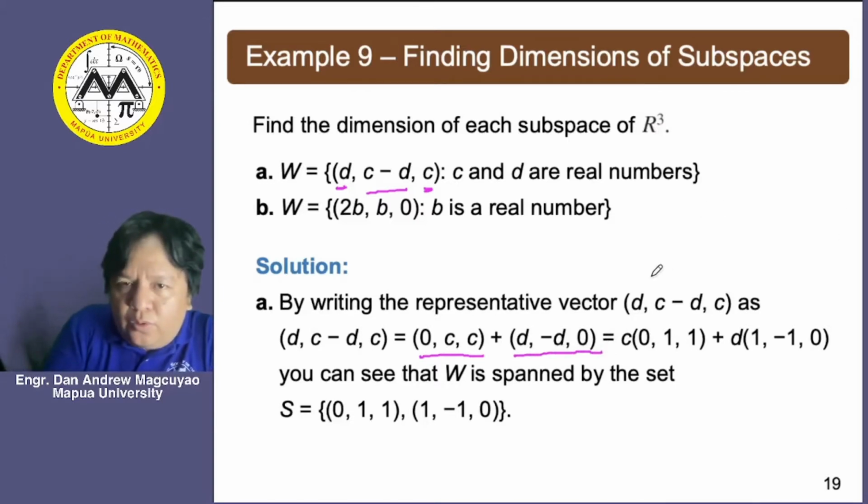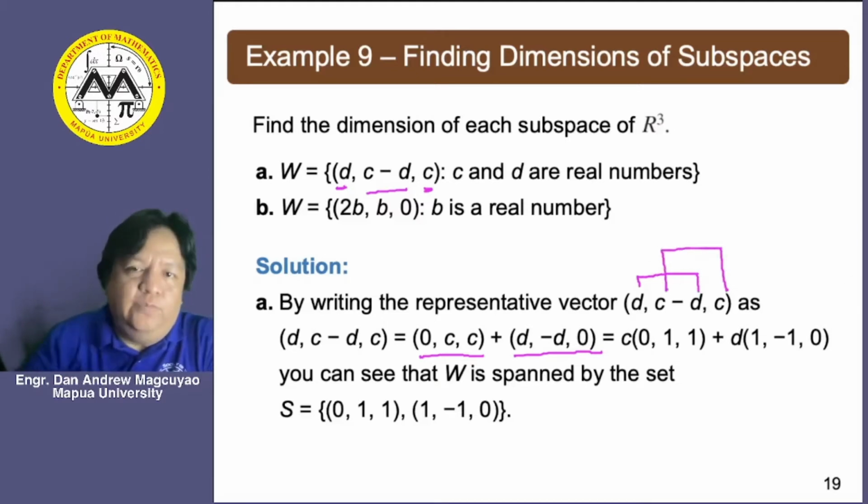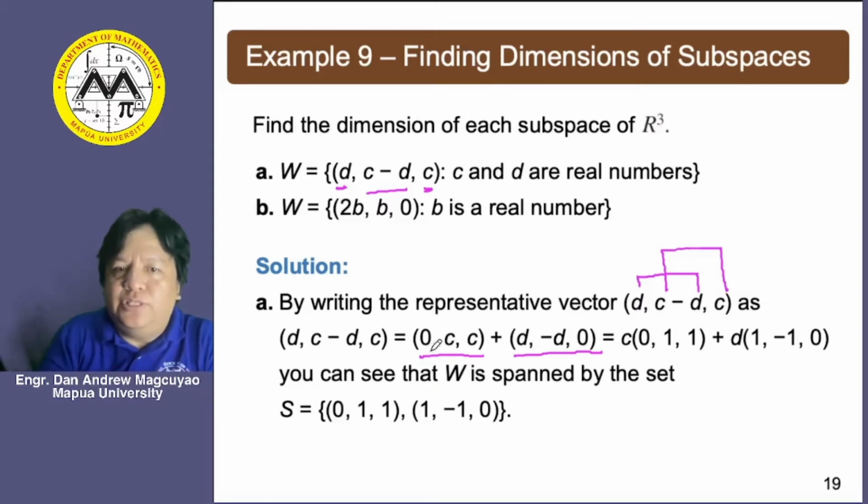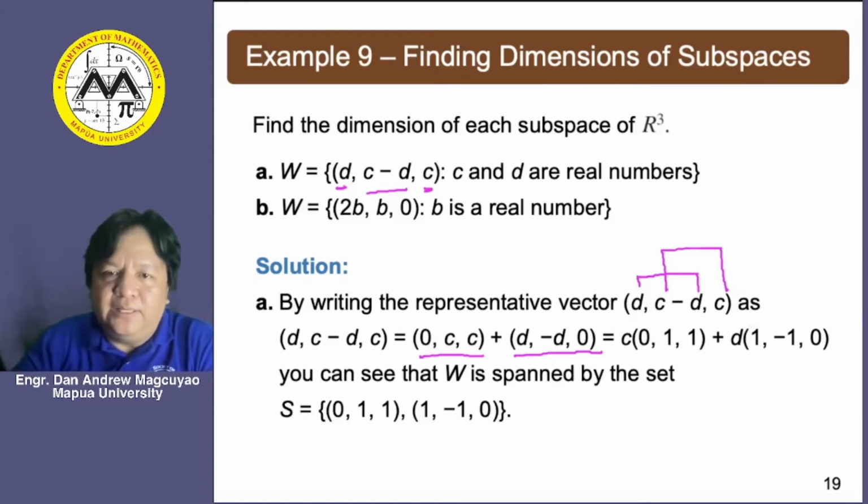So we can collect the d terms and the c terms. So that would be d, negative d, 0 and 0, c, c.